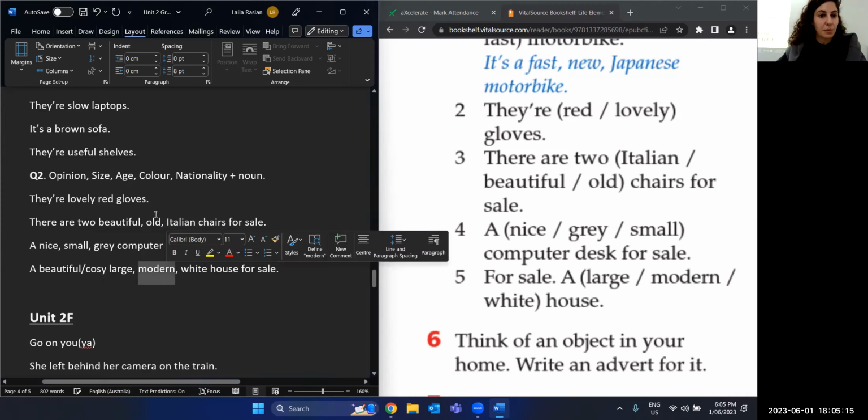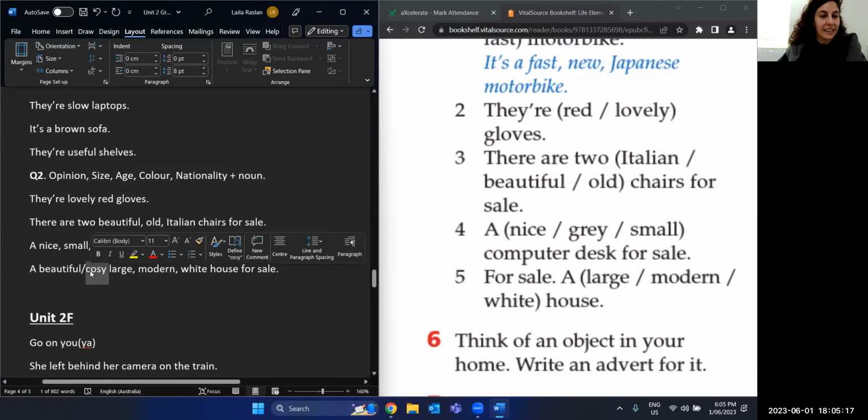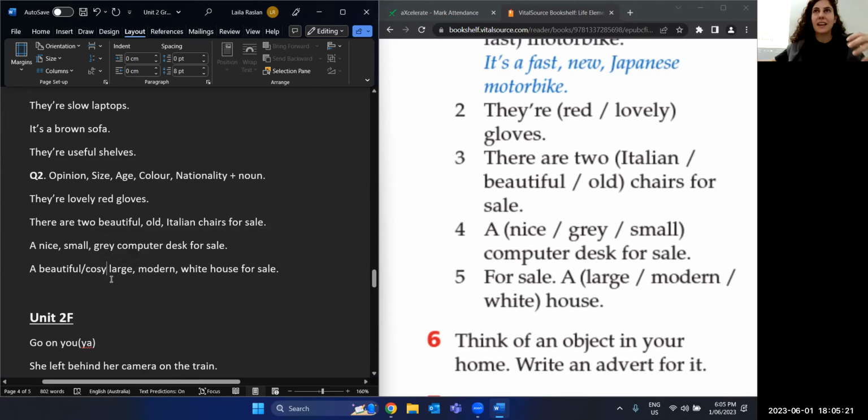So that describes more the age. The feeling is more of an opinion. Some people say it's a beautiful, cozy house. A classic, that's an opinion. So we only have a large, modern white house for sale.